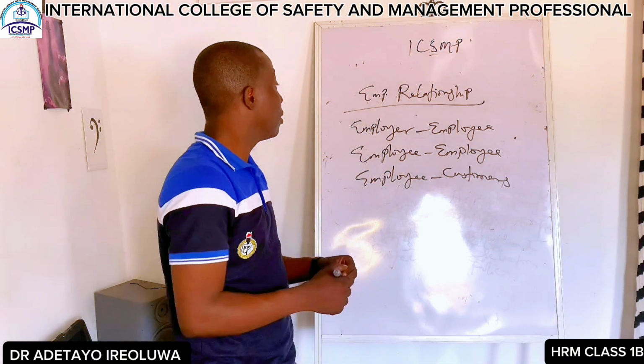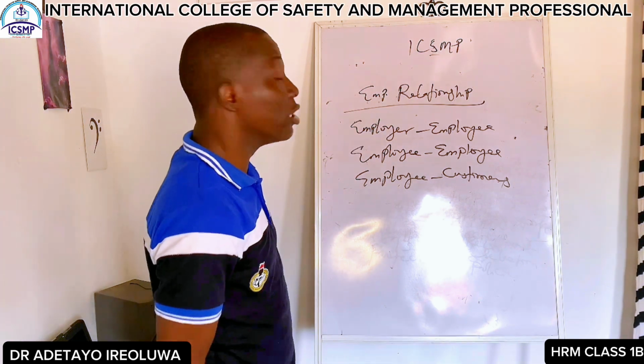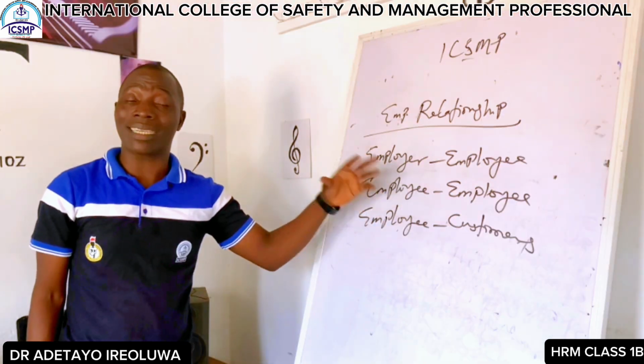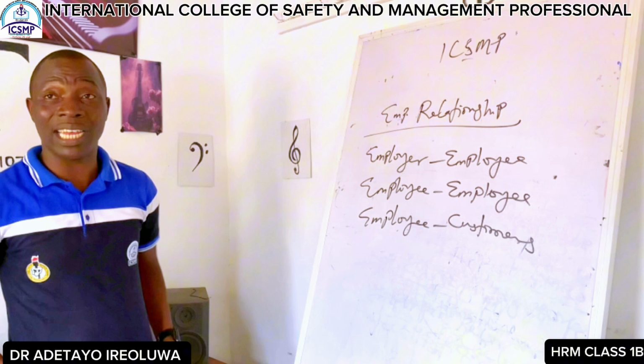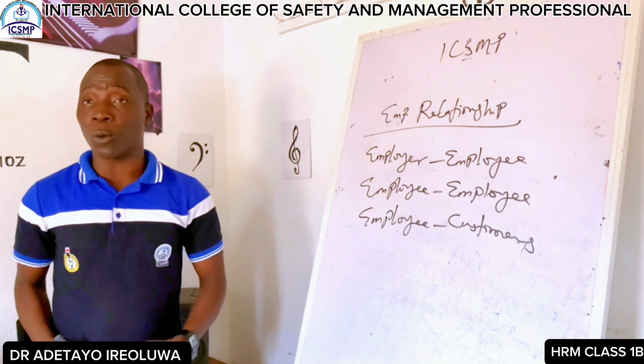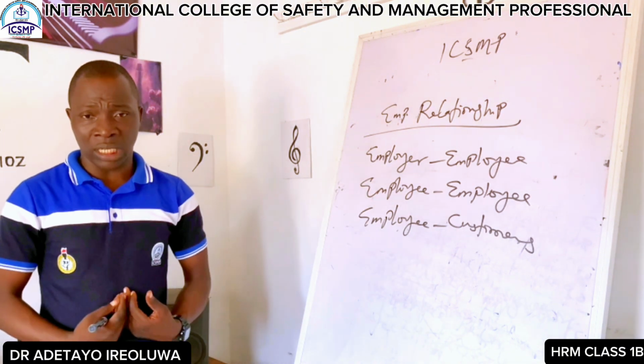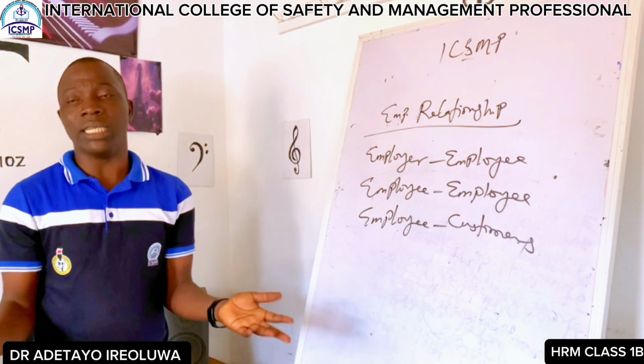These are the three categories of relationships in an organization: the employer to employee, the management, and the employee.